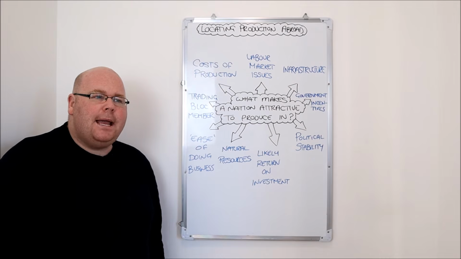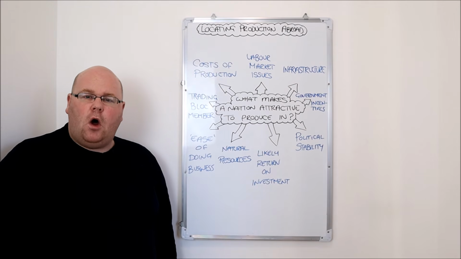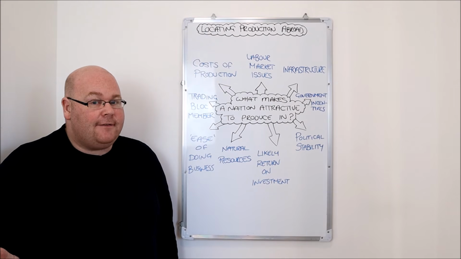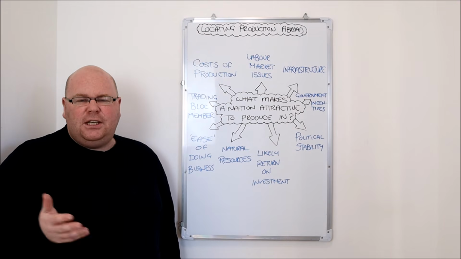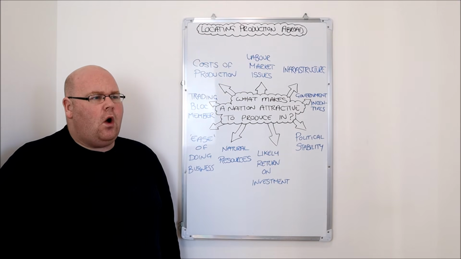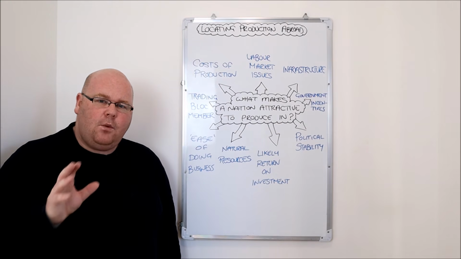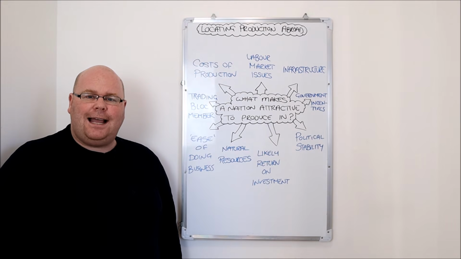Because when a company bases production in a nation that's a member of a trading bloc, not only do they get to sell the goods that they've produced in that nation if they wish, without having to pay tariffs or be subject to quotas or other protectionist policies, but they can actually sell their goods anywhere in that nation's trading bloc just by producing in that country.